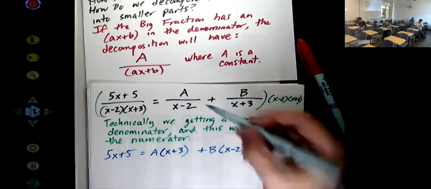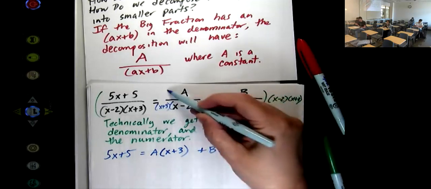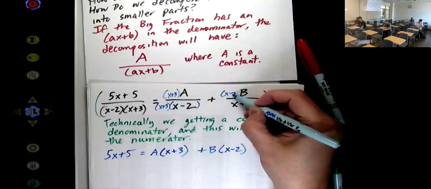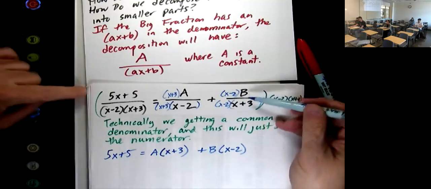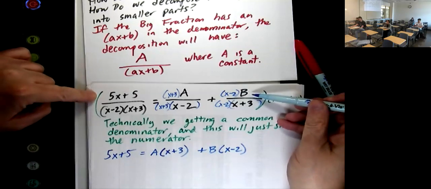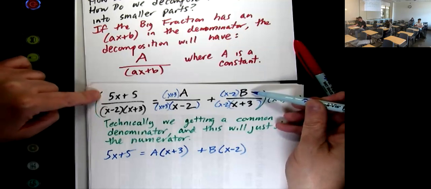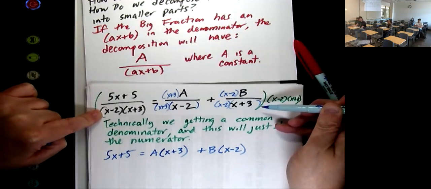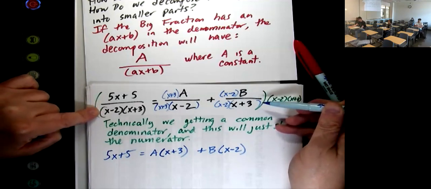This is a lot like writing x plus 3 there, x plus 3 here, x minus 2 here, x minus 2 here, and then just looking at the top. I got a common denominator for all of them. I'm just looking at the top, but who wants to keep writing down the denominator when you don't need to? I thought I'd show it real quick though to show how it works. I'm not just making things up.